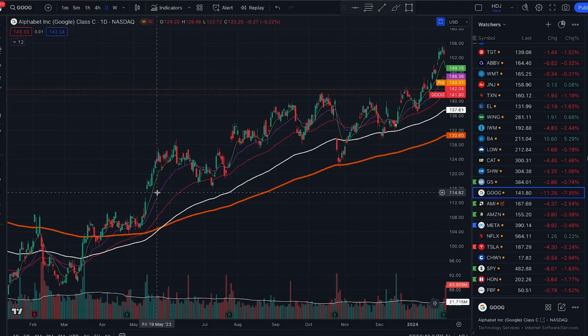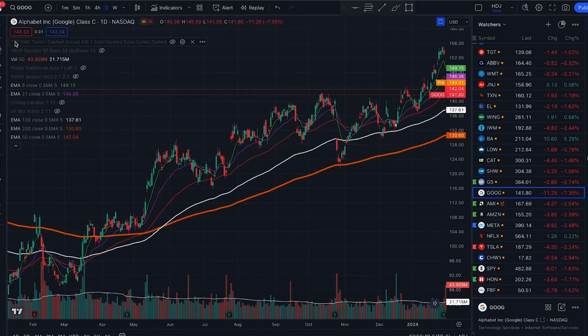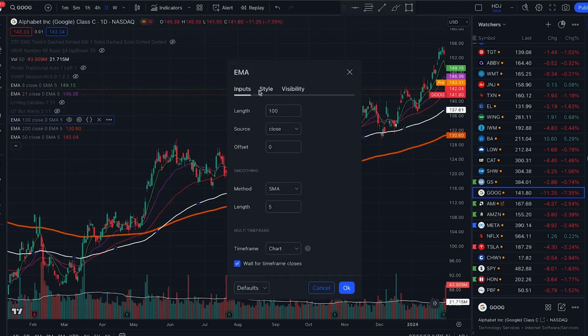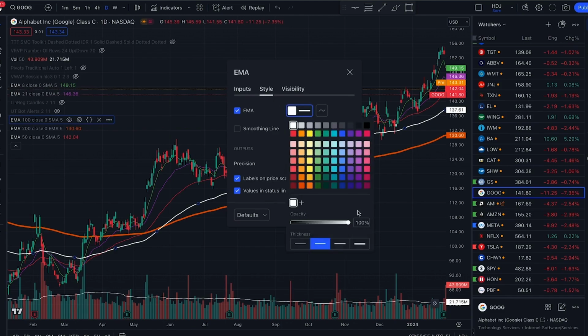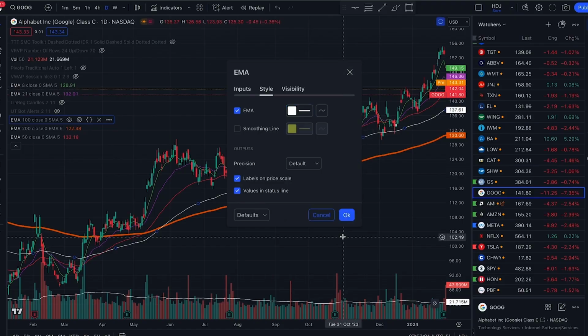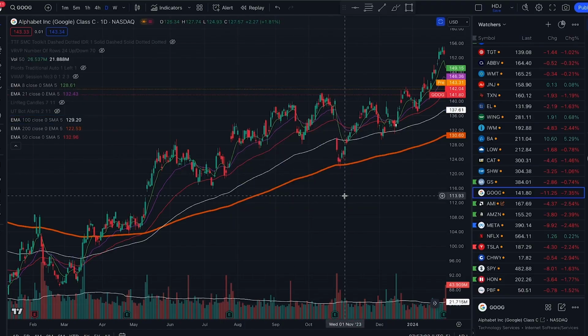Now the 100 moving average, I have that line a little thicker, but to tell you the truth, I can make that one thin as well. Doesn't have to really stand out as much, but I do want to be aware of it.